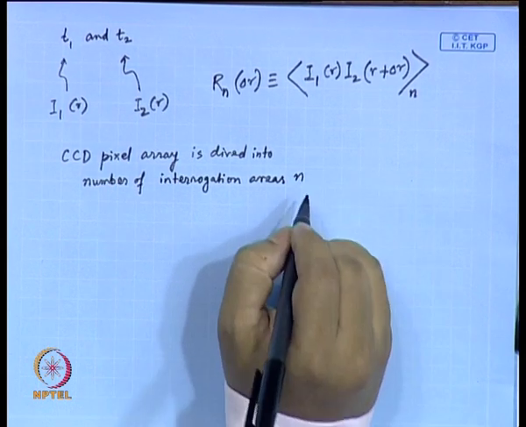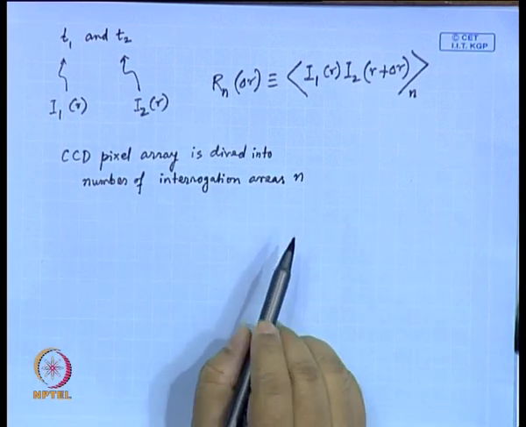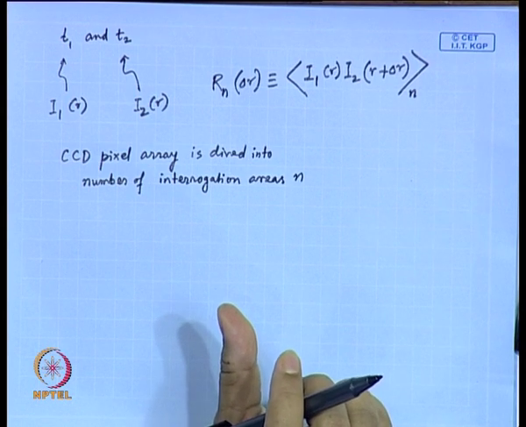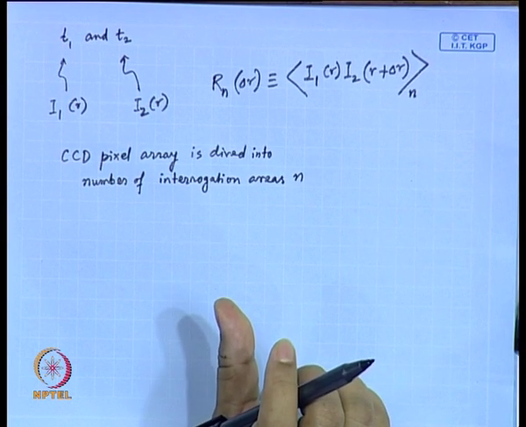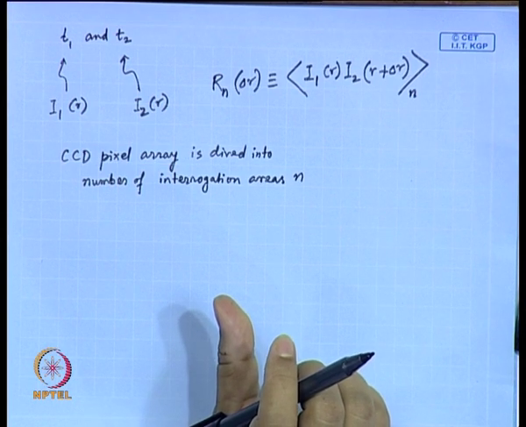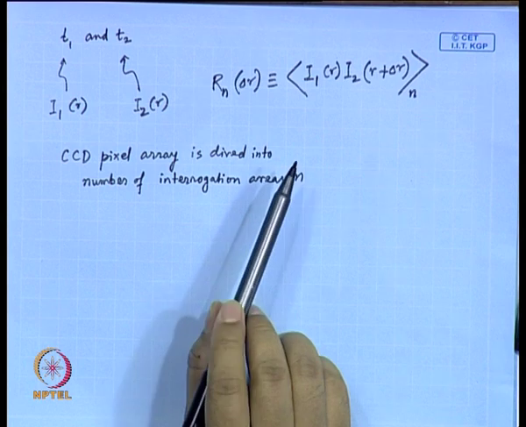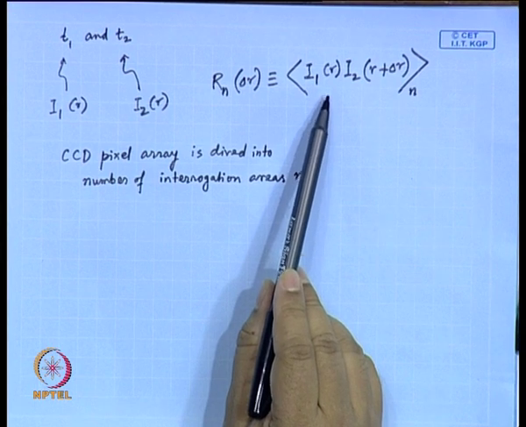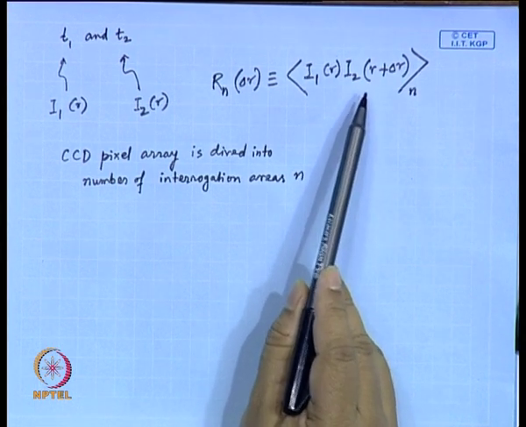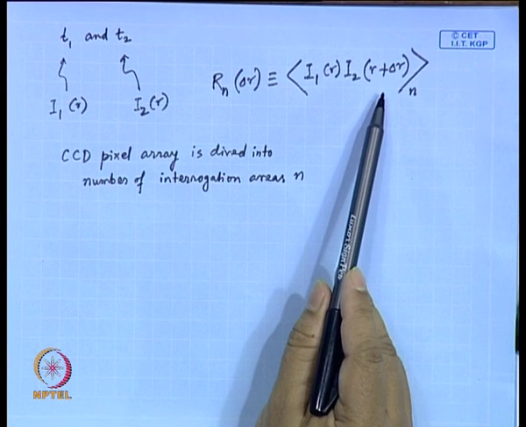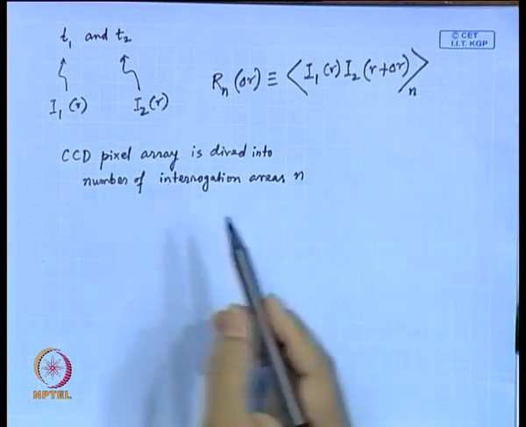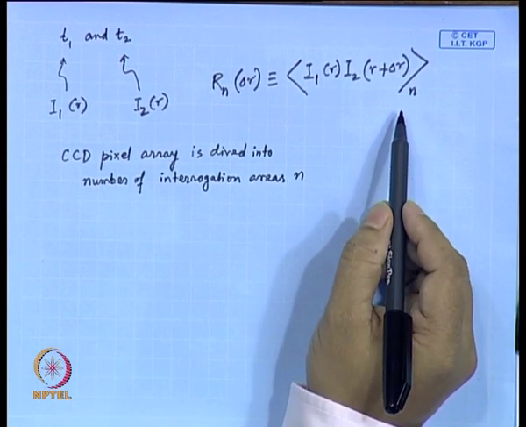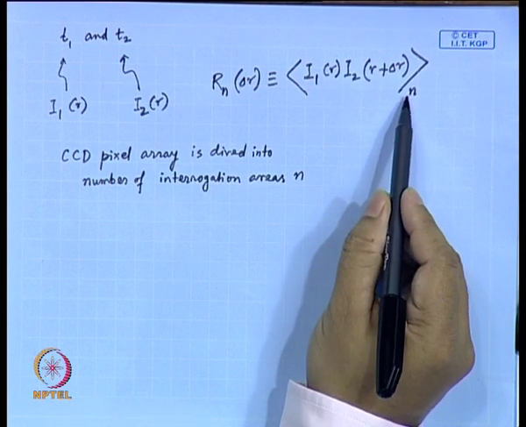Within that array of pixels you have identified one interrogation area, and within that interrogation area you are finding I1 at a location r and I2 at a different location r plus delta r. All right. And this is averaged over all pixel coordinates in the given interrogation area n.